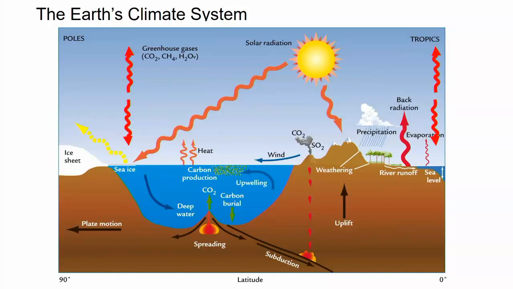We might be seeing changes in reflectivity through time if we maybe grow ice sheets or cover more of the ocean with sea ice. That's replacing something that's got a very low albedo with something that's got a very high albedo. So these fluxes of reflected radiation will change.